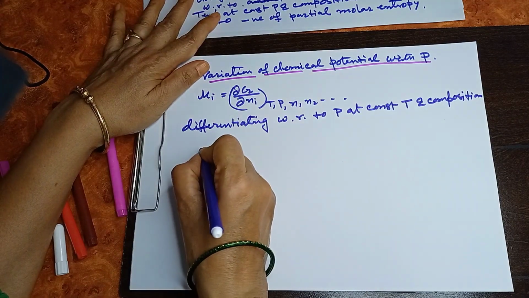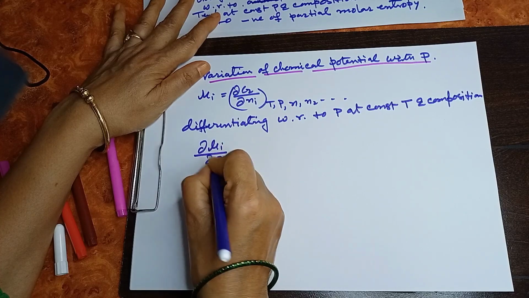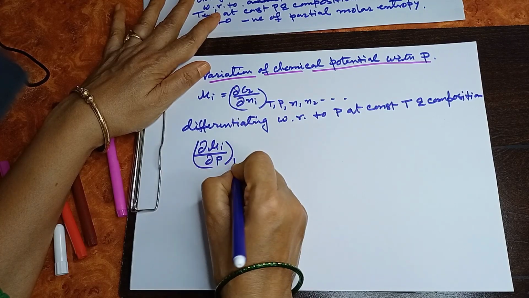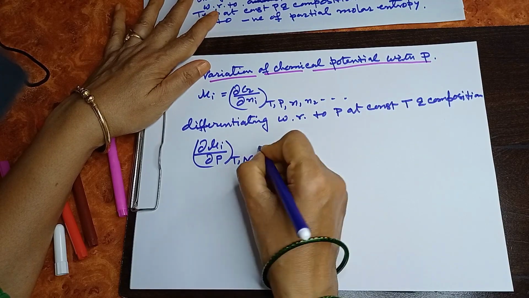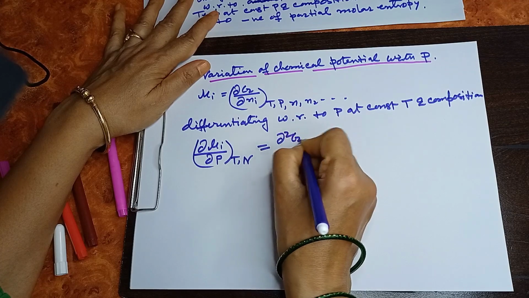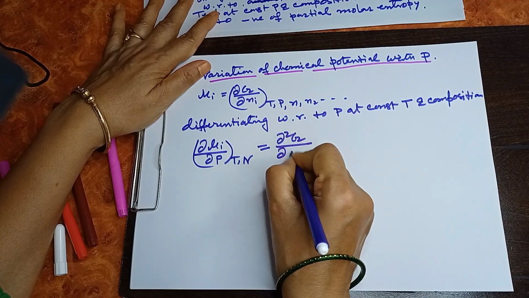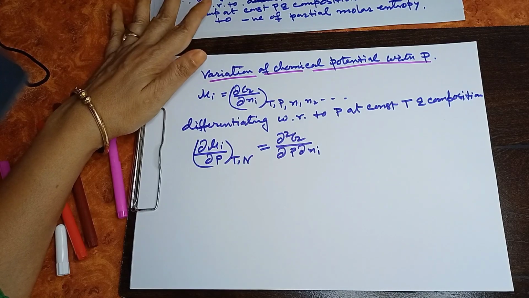We are getting ∂μ_i/∂P at constant temperature and composition equal to ∂²G/∂P∂n_i.